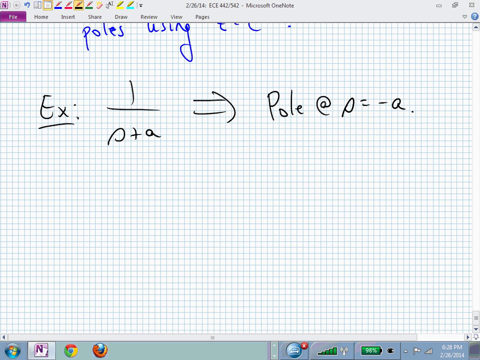So now if I have s equal minus a as my pole location in the S domain or in the Laplace domain, now I map that through the mapping z is equal to e to the st. Z is an advance of capital T, or z inverse is a delay of capital T units of time. That's where that comes from. That says then that z is equal to e to the s, which is e to the minus aT.